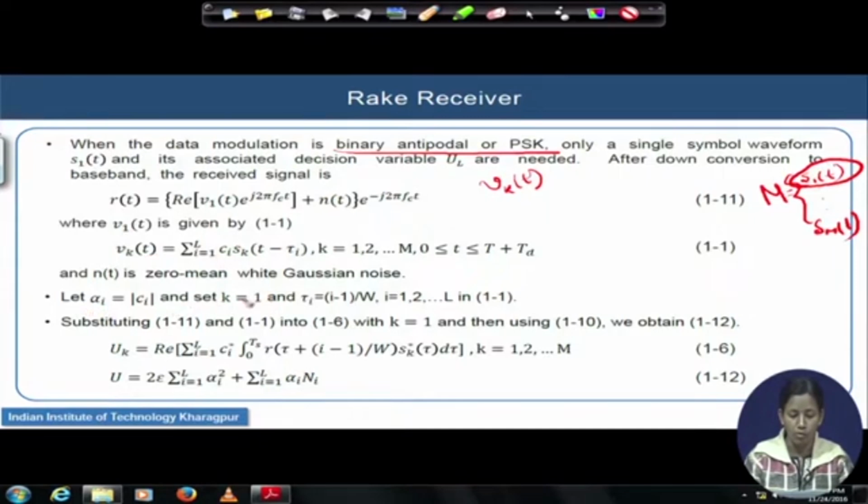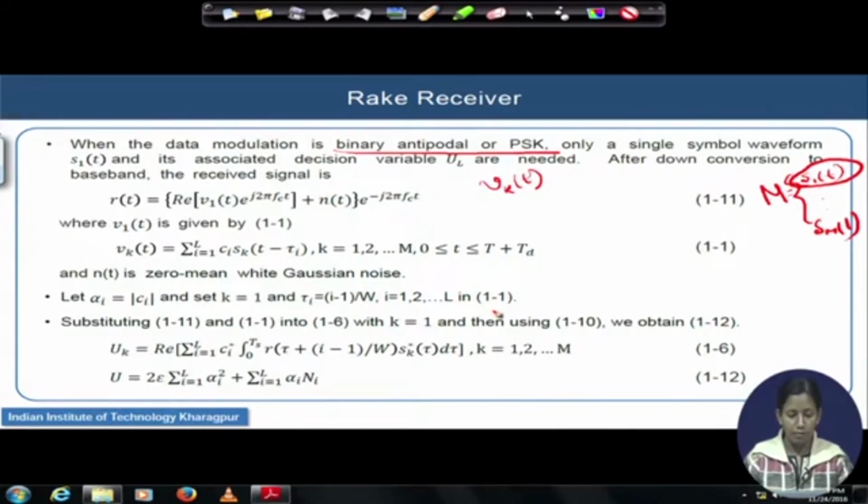We also saw that the delay will be given by (i minus 1) by W, so for the first path the delay will be 0, and for the next ones the delay follows this equation, where 1 by W is the time duration of the matched filtering operation, and W is the bandwidth of the signal as well as the bandwidth of the matched filter.